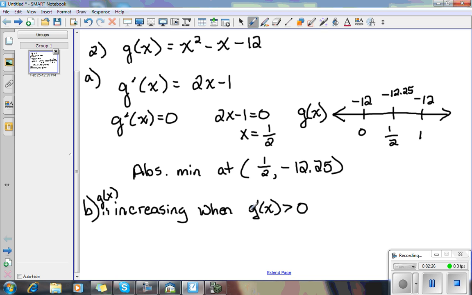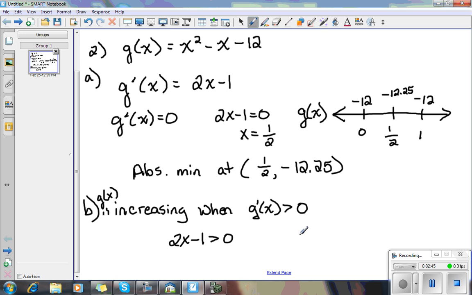Remember, g prime of x is the slope. If the slope is positive, my function is increasing. So really, when I want to know when is the function increasing, that's the same as solving the problem, when is the derivative positive. So I want to know when 2x minus 1 is greater than 0.